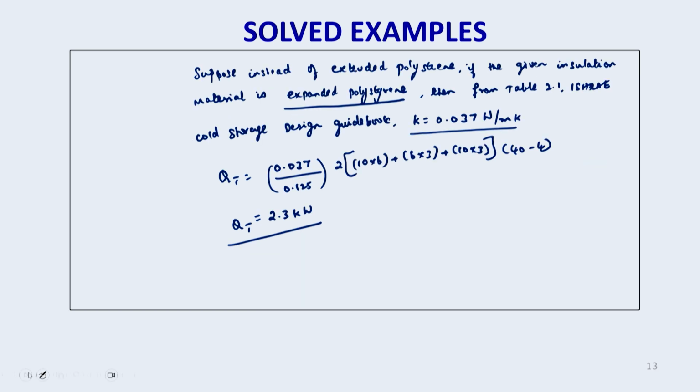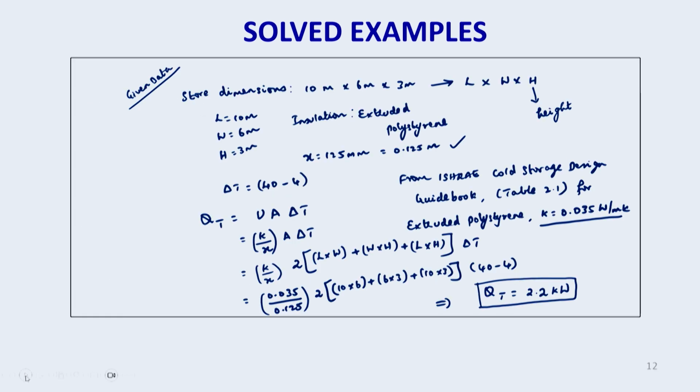When the insulating material is changed from extruded polystyrene to expanded polystyrene, there is a minor change in the K value. Instead of 0.035, it is 0.037, and the difference is very, very small. The transmission load has increased from 2.2 kilowatt to 2.3 kilowatt.